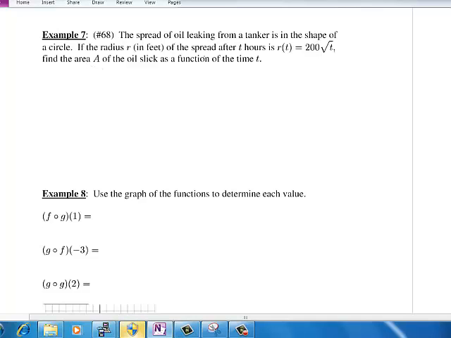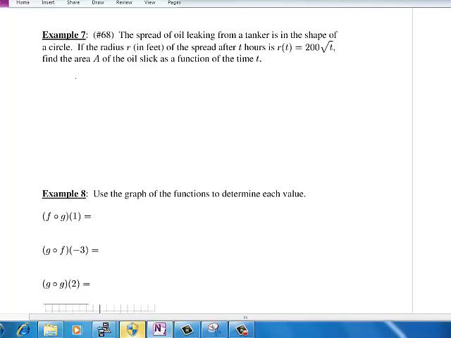This kind of composition will happen frequently when we're talking about geometry that we want related to time. So we can think, well, I know how to relate the area to the radius, and I know how to relate the radius to time. So by doing a composition, I can relate the area directly to time.